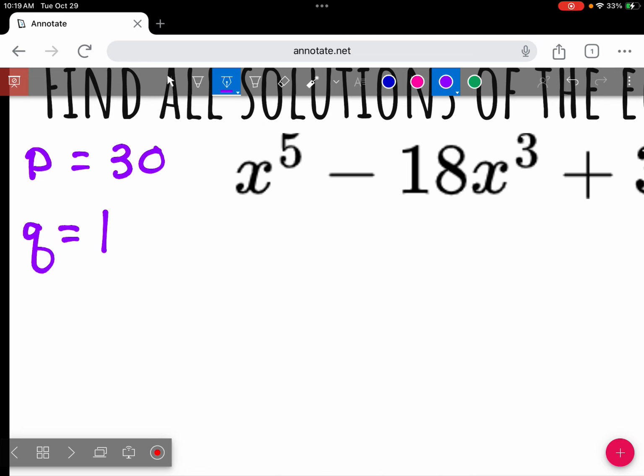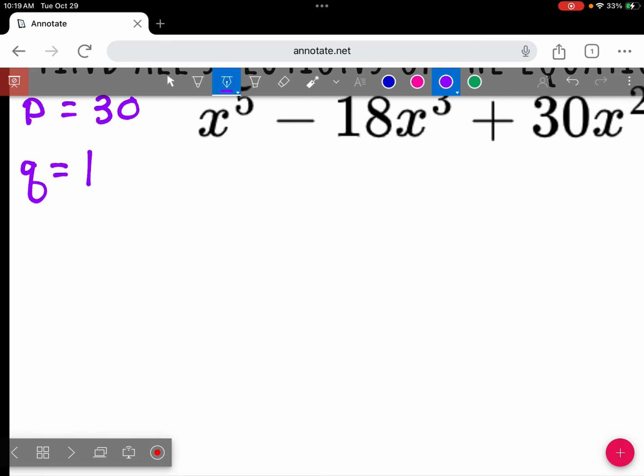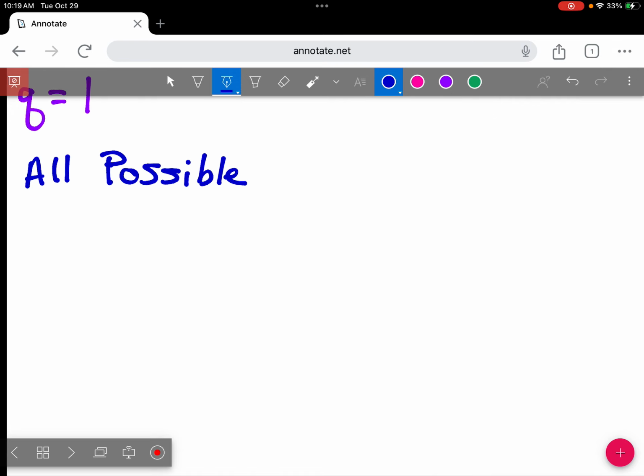There's only a couple in the homework that have A values like that, but all that does is change your starting list. All right, so then we're going to find our all possibles. Do they all have Q's of 1 in the homework? No. I think there's 2, and they're not humongous lists.